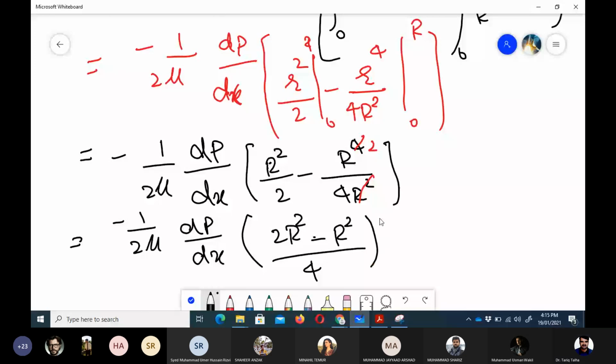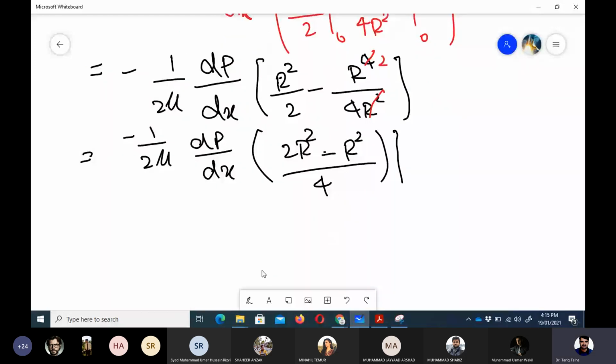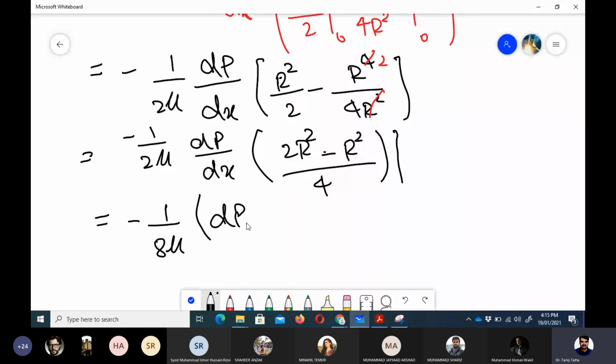Okay, so I hope that this derivation is clear. Then it would be minus 1 upon 8 mu dp by dx into r square.